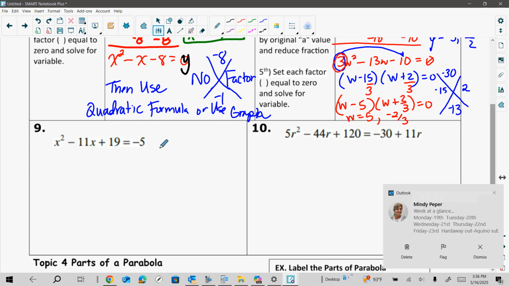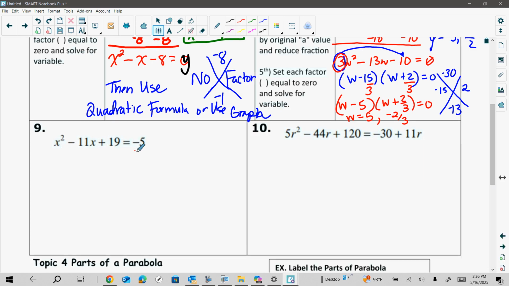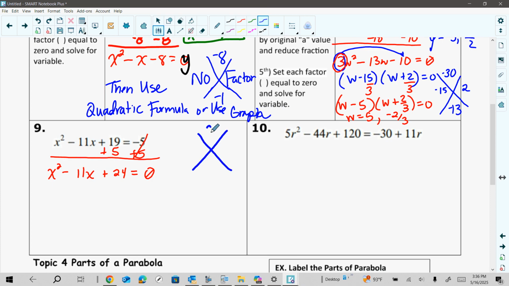Hopefully on here we recognize that we're adding 5 on both sides. And when we do that, we can combine the like terms here. So we got x squared minus 11x plus 24 equals 0. And then we're going to go into sliding and multiplying here. Just go into our x puzzle. A 24 on top and a -11 on the bottom.